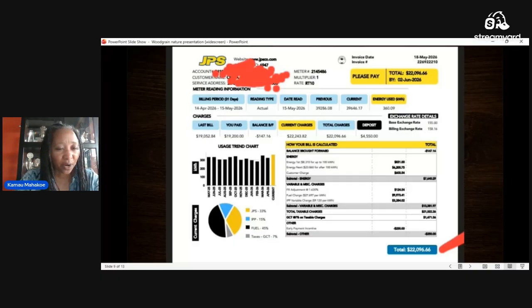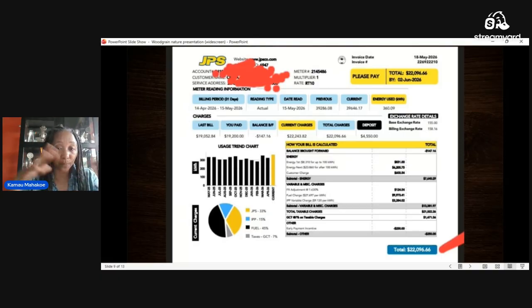If the current number is less than the previous number, that could be an error, so you need to call JPS. If the bill jumps to twice the amount, but you know that your habits have been the same, then you're going to need to check your fridge to see if it's leaking the cold air out through the gasket at the side, or any other leaks from the fridge, or maybe your water heater is having problems.